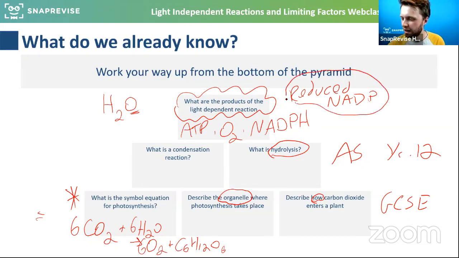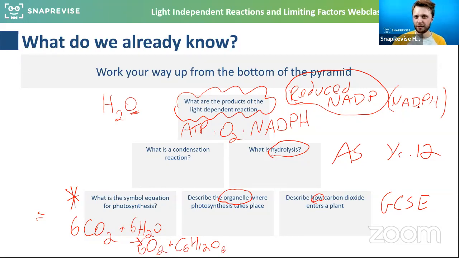I would try and get in the habit of saying reduced NADP, and then as soon as you've said it once in an exam, put in brackets after it NADPH. That's just showing your examiner that whenever you say NADPH, you actually mean reduced NADP. I think it's pretty much accepted that NADPH is reduced NADP.